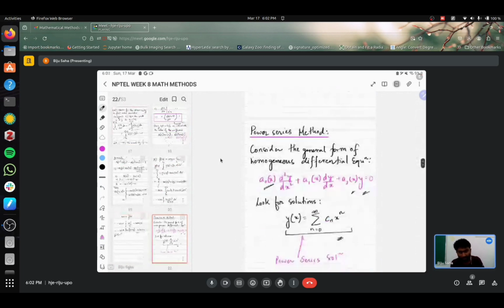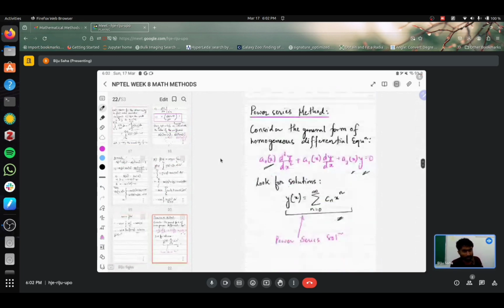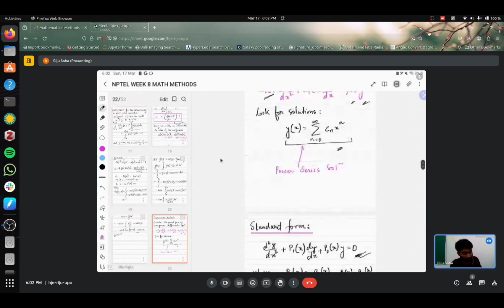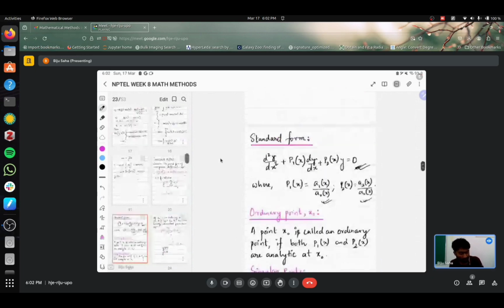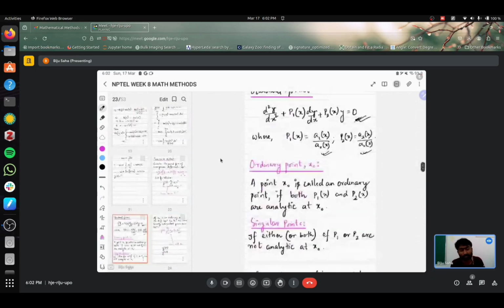The next method was the power series method. In the power series method, we assume the function y to have the form of a power series, and we expand it about some point. We also find whether the point is an ordinary point or a singular point.